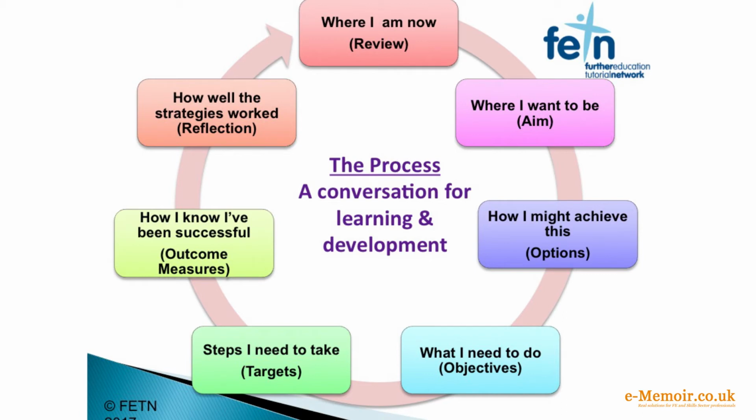You can see the stages of the process and how that works, and it's about that meaningful conversation and those strategic questions that then enable the tutor to help the learner to draw out what those targets need to be, what those next steps are.